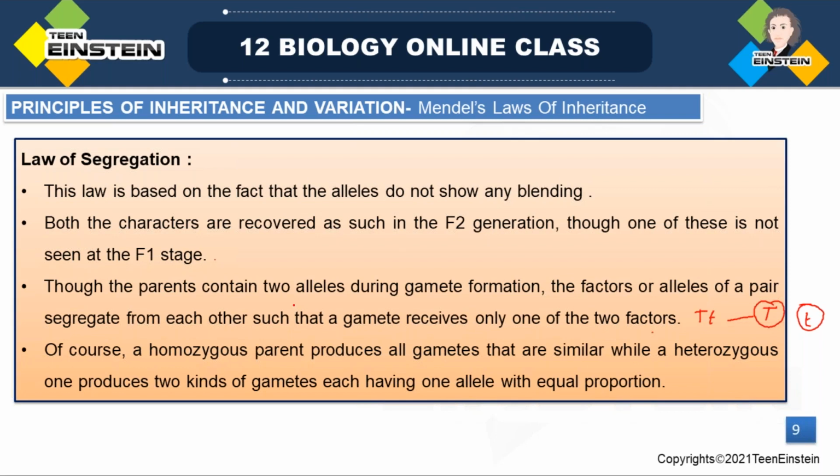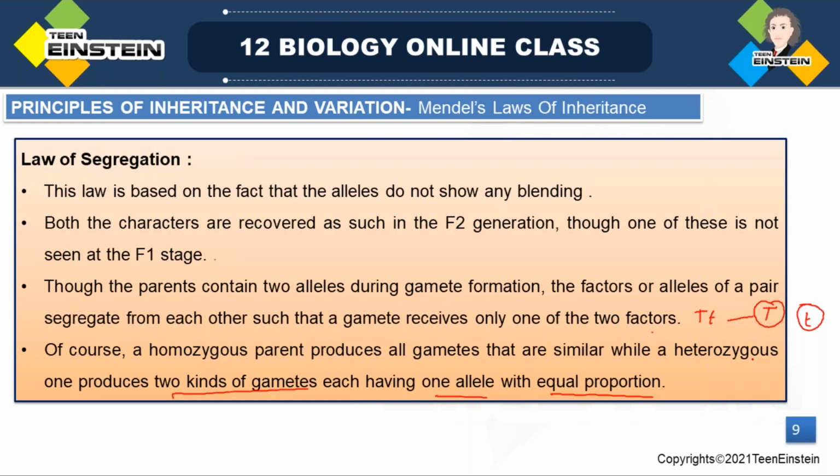A homozygous parent produces all gametes that are similar, while a heterozygous one produces two kinds of gametes, each having one allele in equal proportion. So the dominant allele has a 50% chance and the recessive allele also has a 50% chance of combination.